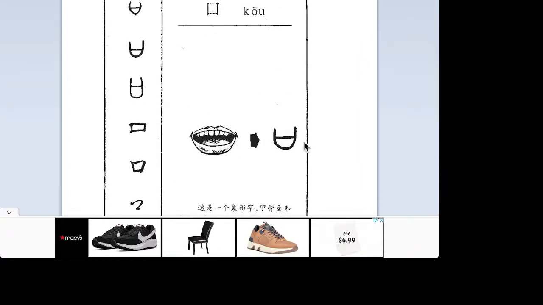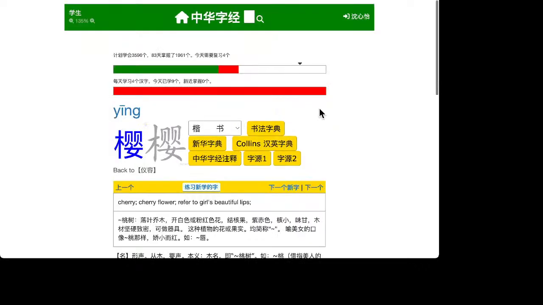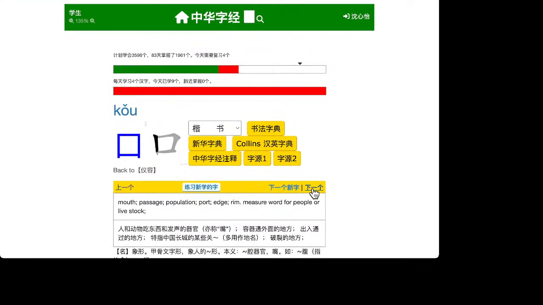But yes, this is a mouth. It's also used for a passage, a port, edge, rim, opening, entrance, things like that. And we use it to count people or livestock. Kou. In this context, we are talking about a mouth, a cherry mouth, like I said.